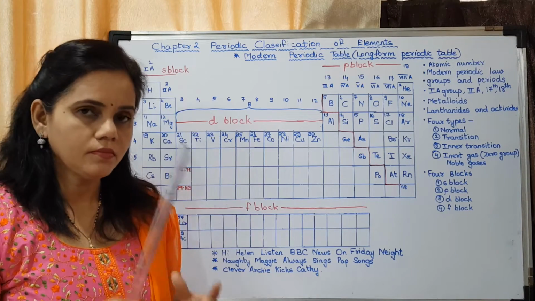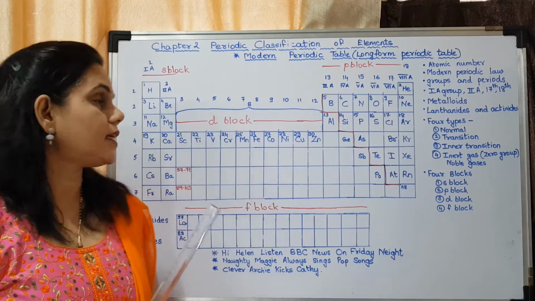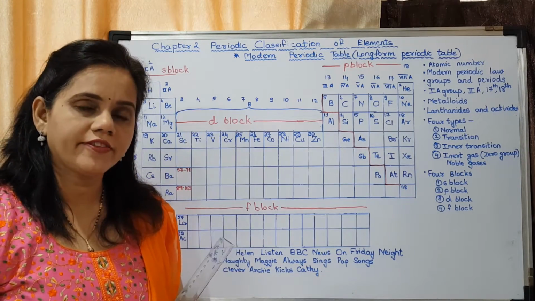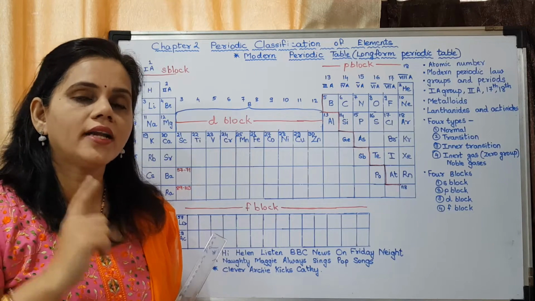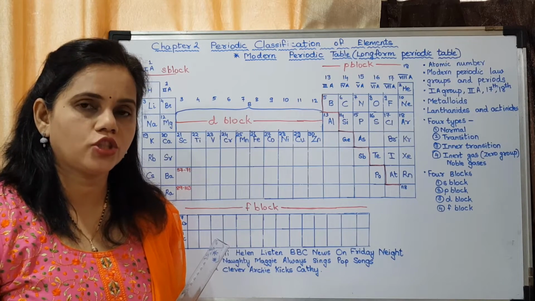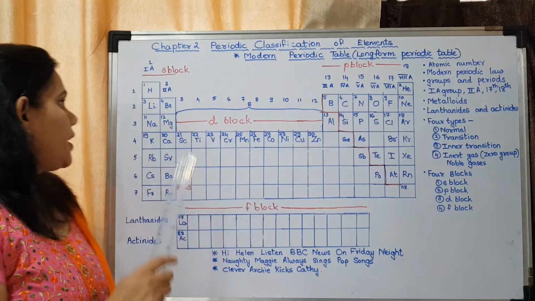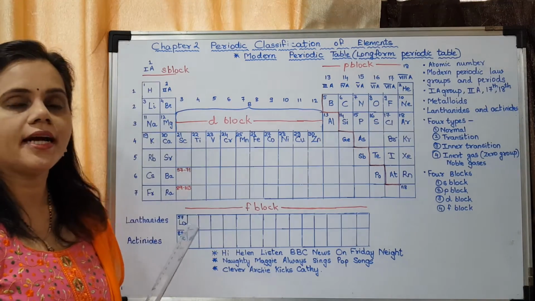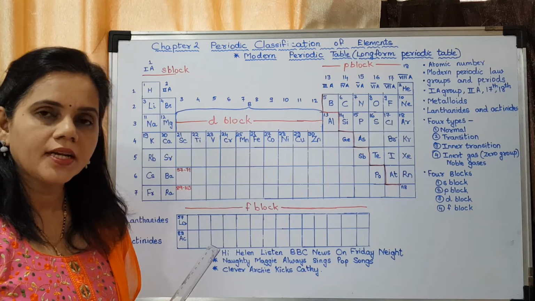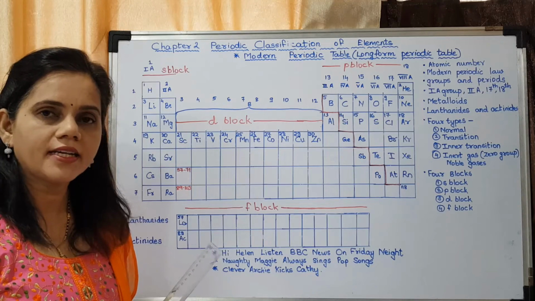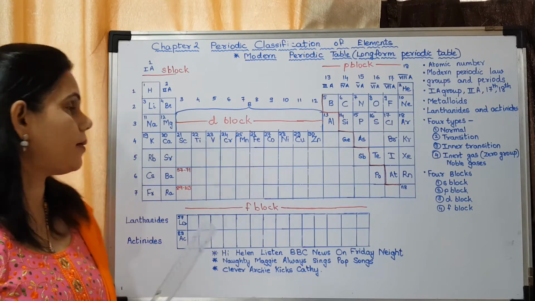Okay, but now it is placed in the first A group because according to electronic configuration it has one electron in its outermost shell. Even lithium, its atomic number is 3, its electronic configuration is 2, 1, so it is having one electron in its outermost shell.